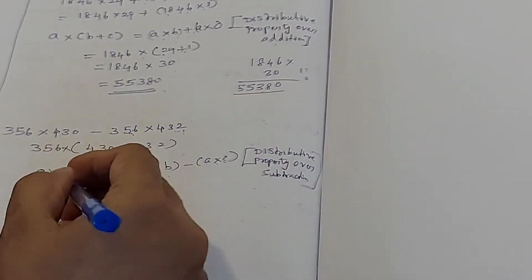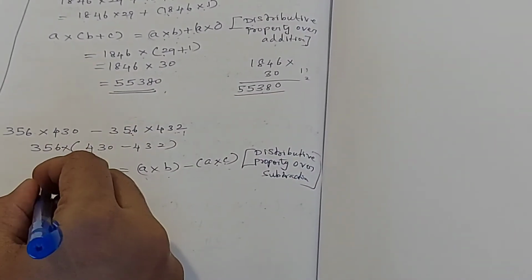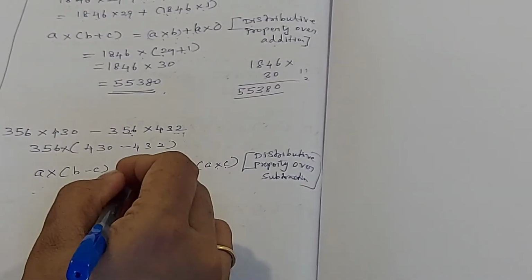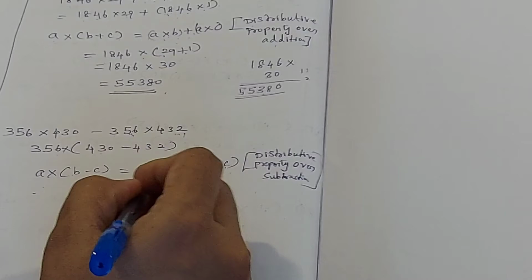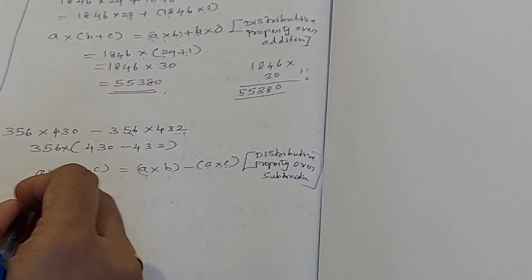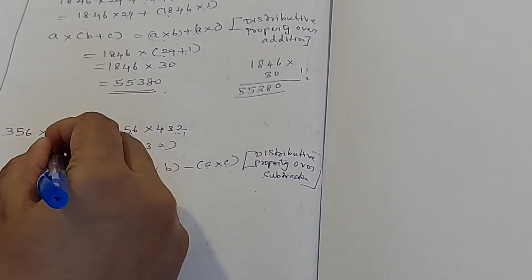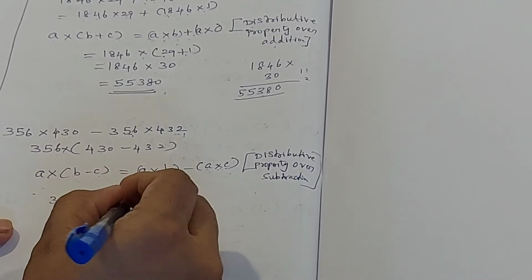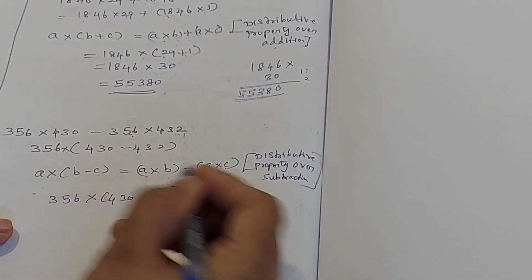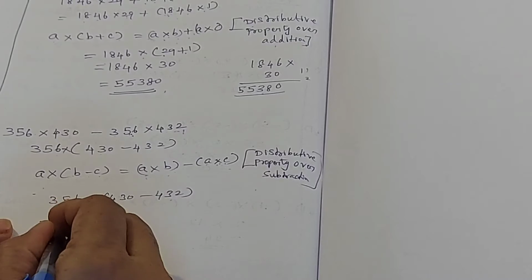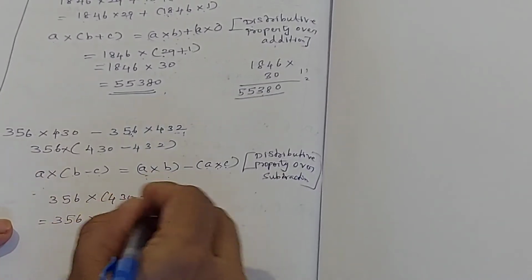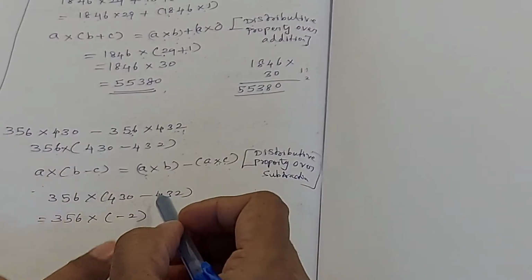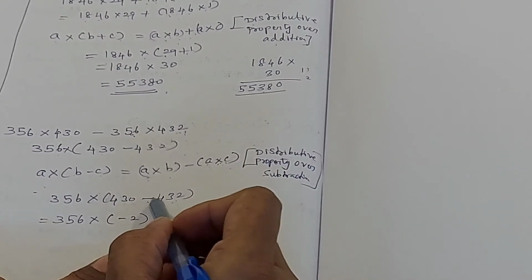Okay children, so we are going to find out A cross (B minus C), because they have given it already in the form of A cross B minus A cross C. Now we have to find out A cross (B minus C). So 356 into (430 minus 432). 430 minus 432 will give minus 2, because the higher number has the negative sign.